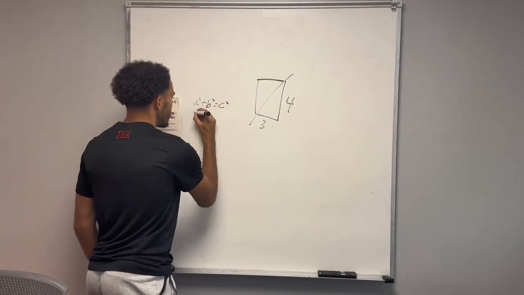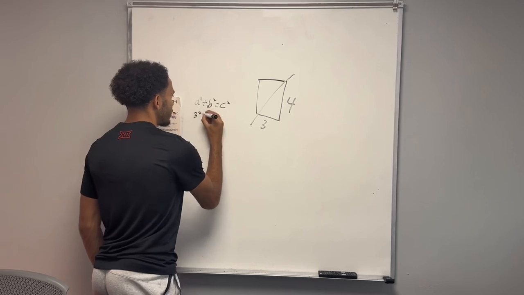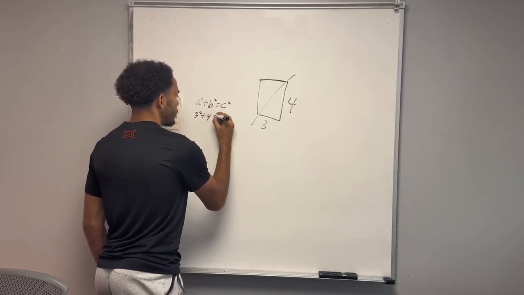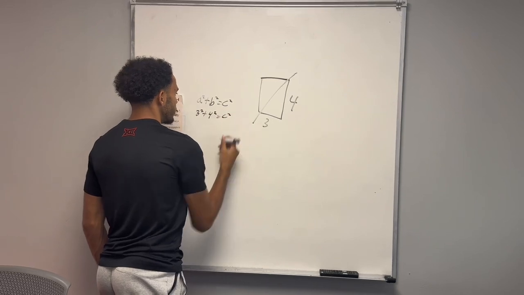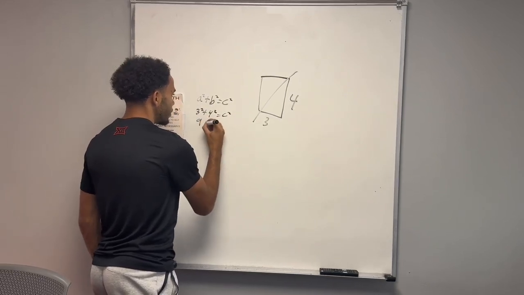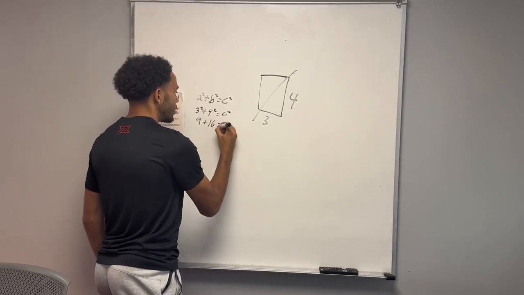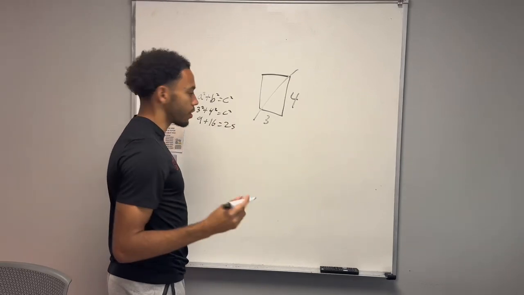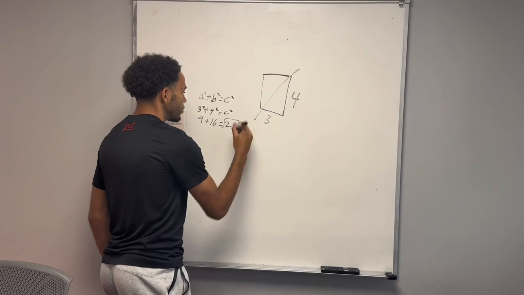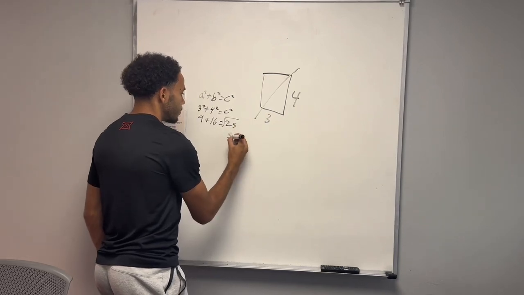So we would do 3 squared plus 4 squared equals c squared. That would be 9 plus 16, and that would be 25. But this is also c squared, so we would have to find the square root, which would equal 5.